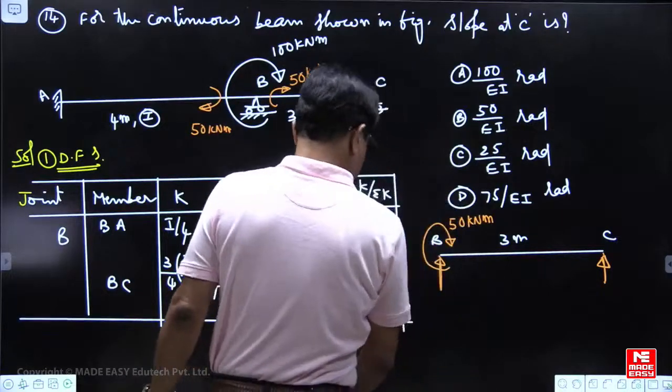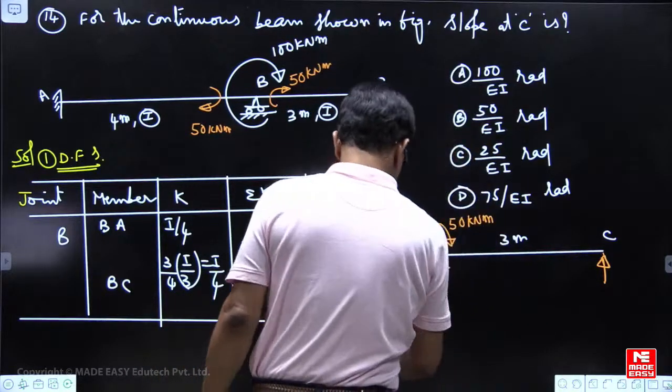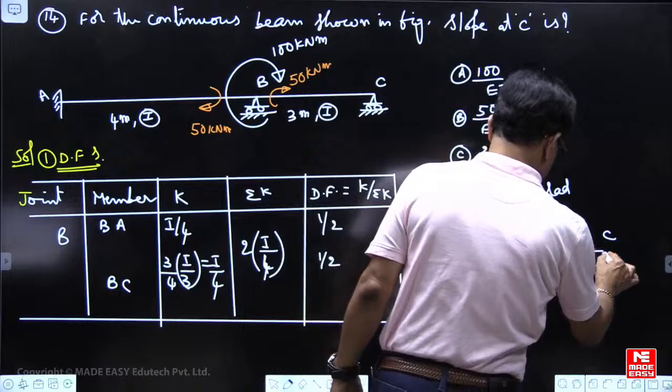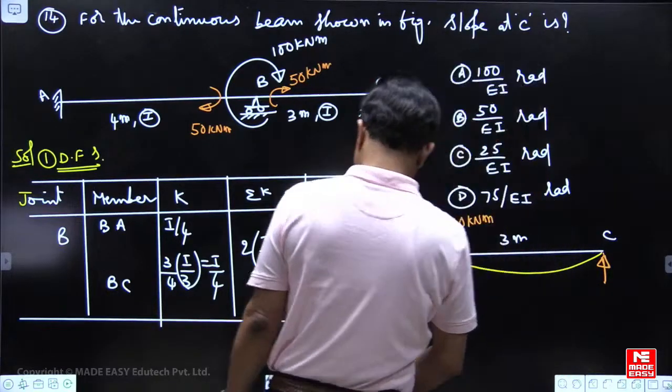Okay, so ML by 3EI is the formula. Slope at C, ML by 6EI.